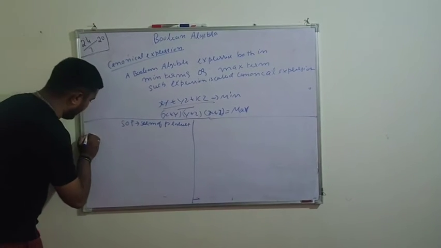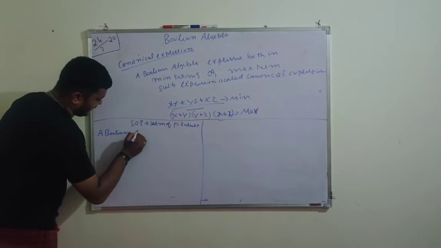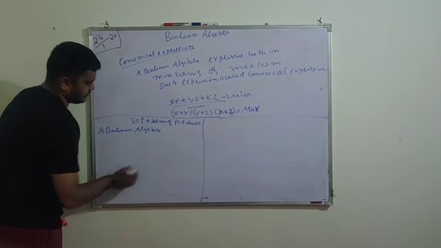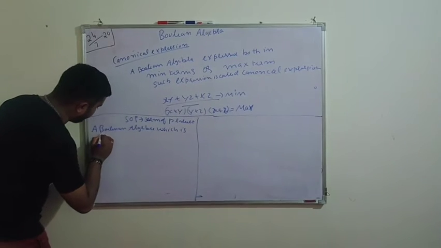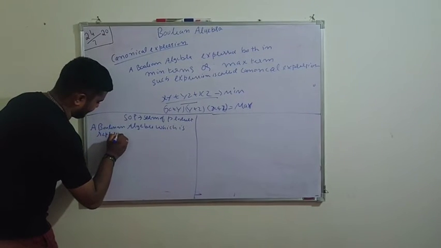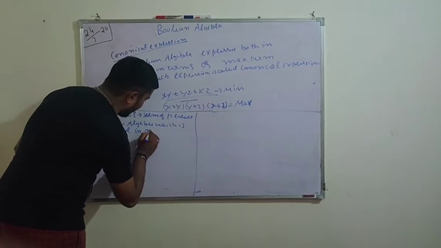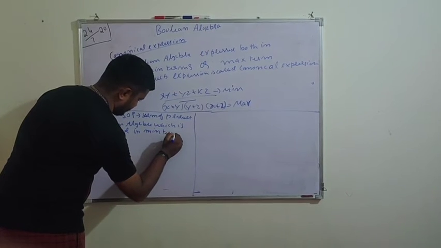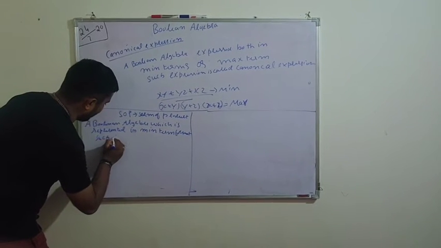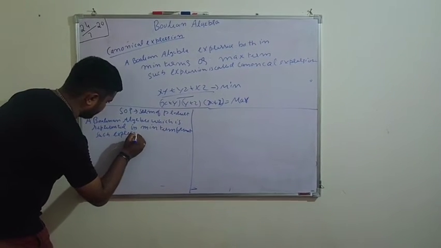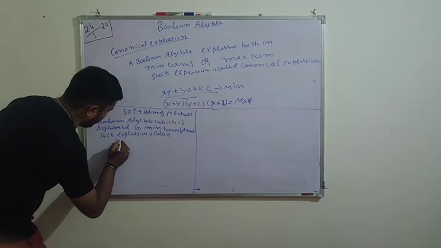A Boolean algebra which is represented in min term format is called SOP.